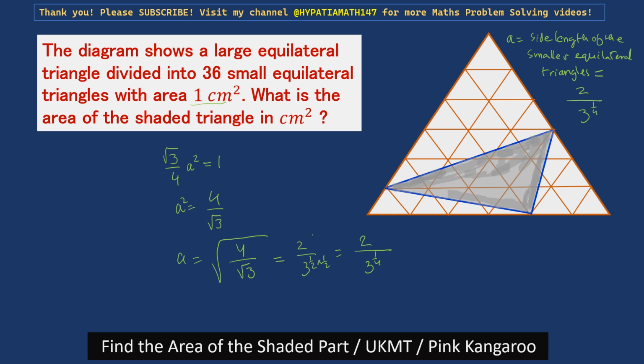So we now know the side length, so we can work out what each of these sides are. But now to find the area of this triangle, we have the base. Now we need the height. Now how will we work out the height?